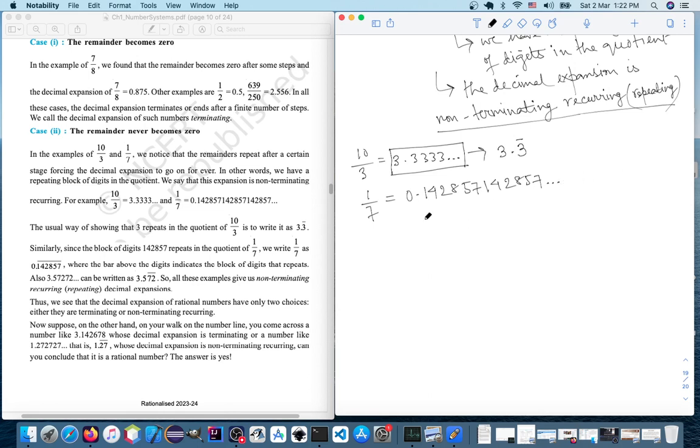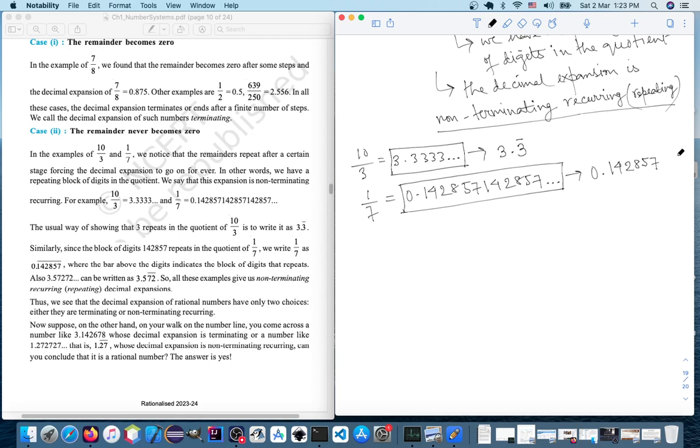Now, this thing, for this example, in the shortened form, will be written as 0 point, and we write the repeating block of digits, which is 1, 4, 2, 8, 5, 7.